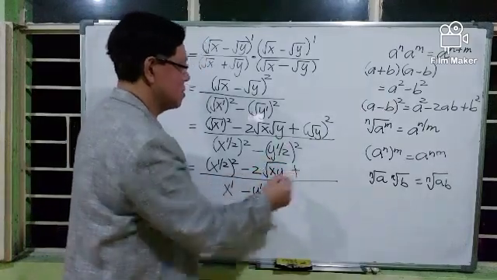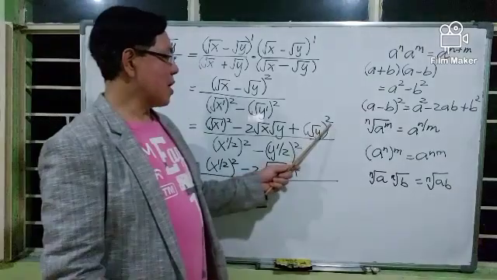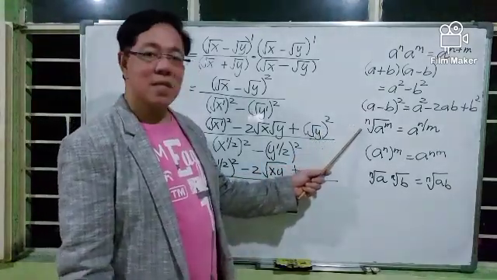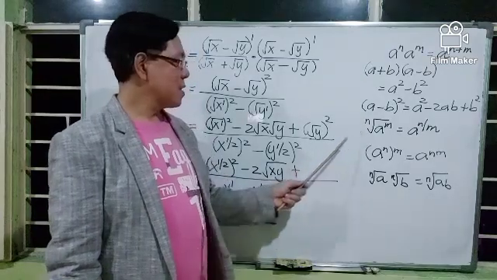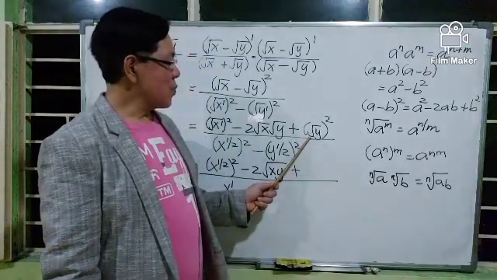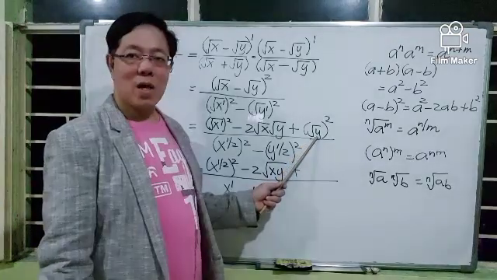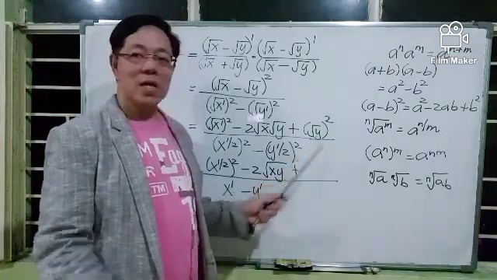Plus, to simplify the square of square root of y, we again apply this property of radical. Square root of y, for square root of y, the index is 2, and the radicand is y. If you write the exponent of y, it is 1.